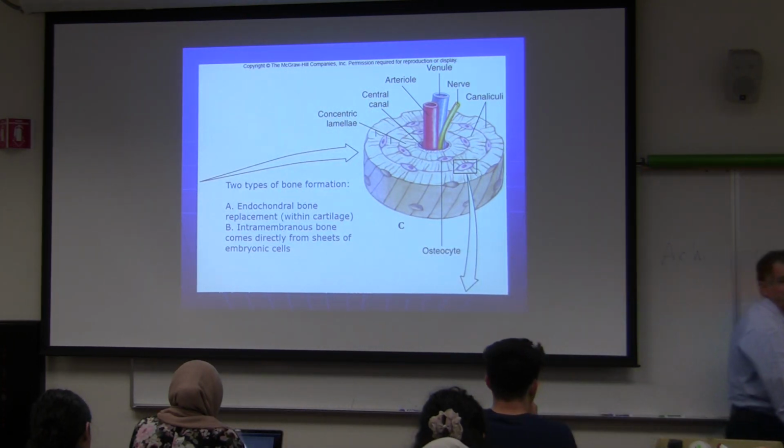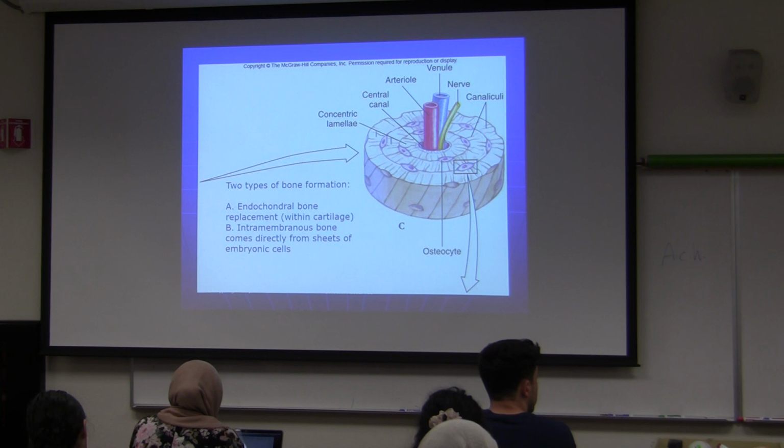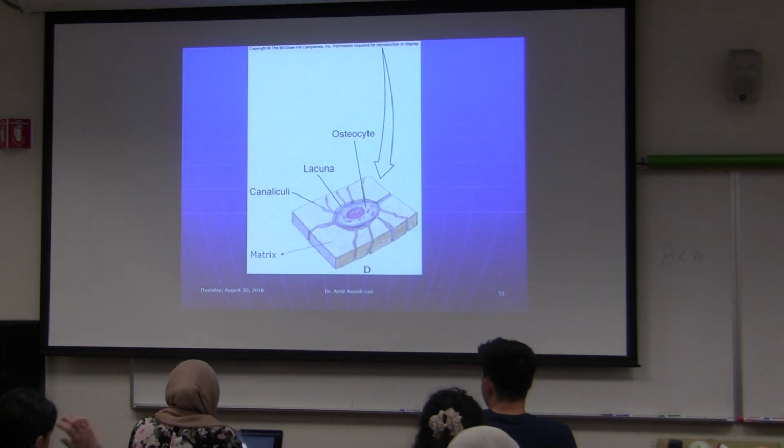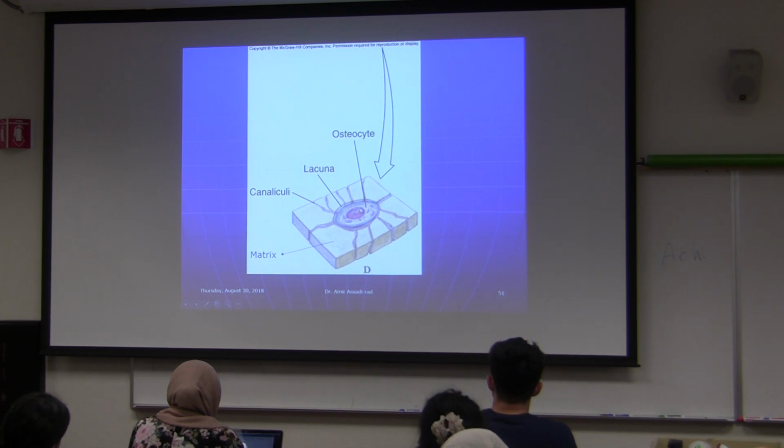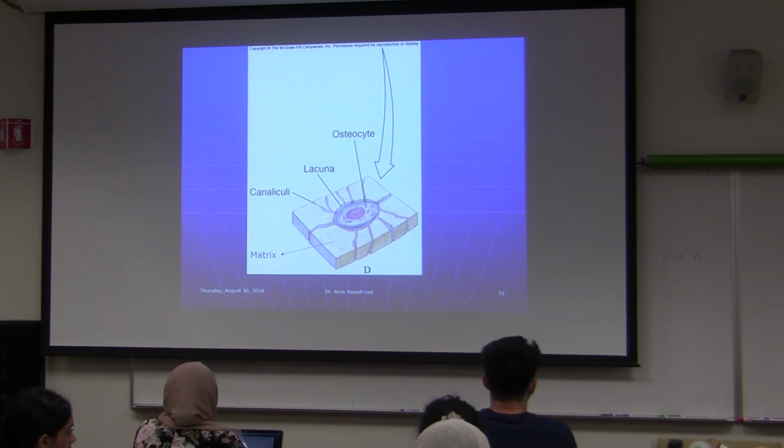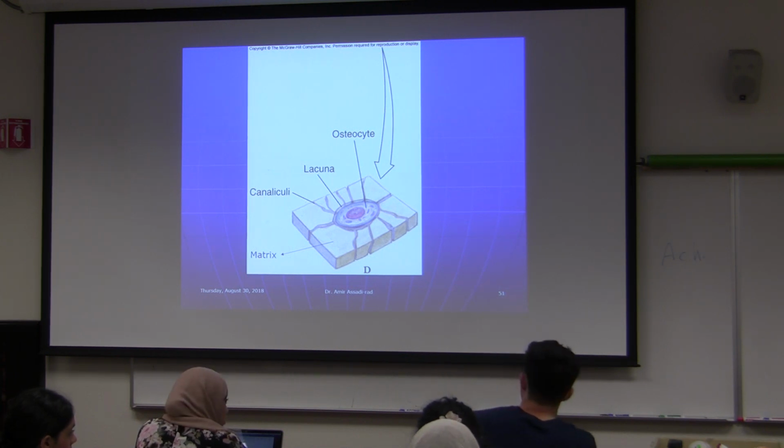We talked about that a little bit. Right here, you have one osteocyte, and outside of the osteocyte is the lacuna. I do not expect you to see lacuna in the microscopic slides in the lab, but on the chondrocytes, the cartilage cells, you should be able to see lacuna.